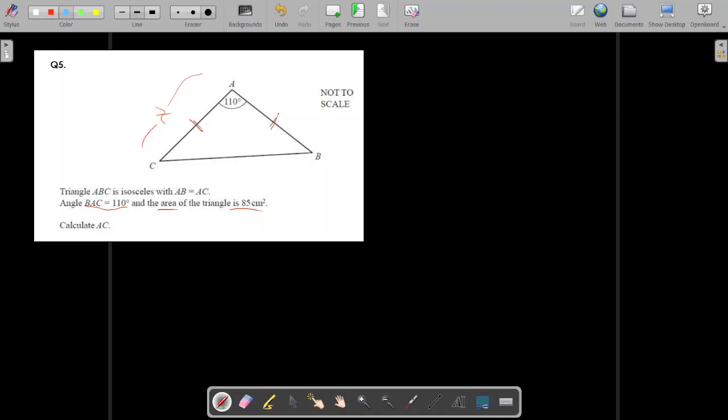From our study of the sine and cosine rules, we understood that we can find the area of a triangle using this rule: half of AB sine C is going to be equal to the area. What is the meaning of AB?